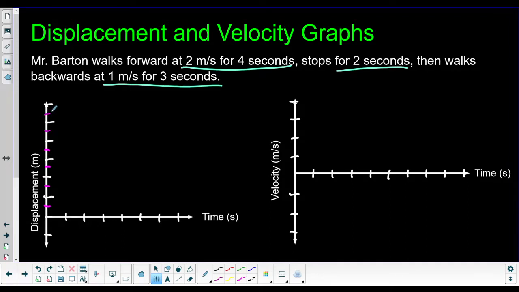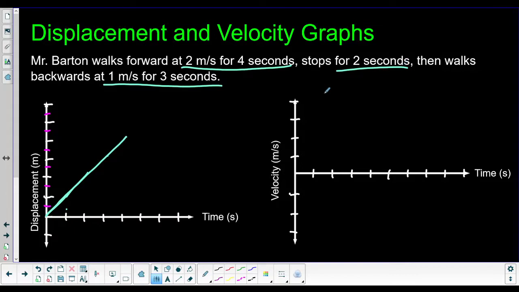Now it's tall enough. All right. So 1 second, we go up 1, 2. Another second, we go up 1, 2. 1, 2. And then 1, 2. All right.